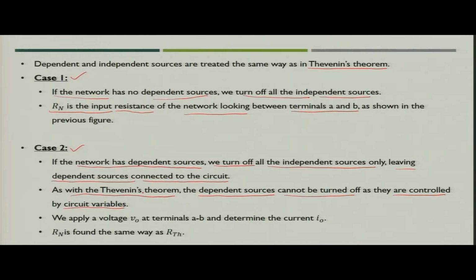So, we will keep the dependent sources in the network and solve the circuit to find IN, the Norton's current, and RN, the Norton's resistance. We again apply a voltage V naught at the terminals AB and determine the current I naught, and using this we can easily find the value of Rn, which is equal to RTh. So, Norton resistance and Thevenin resistance would be the same.